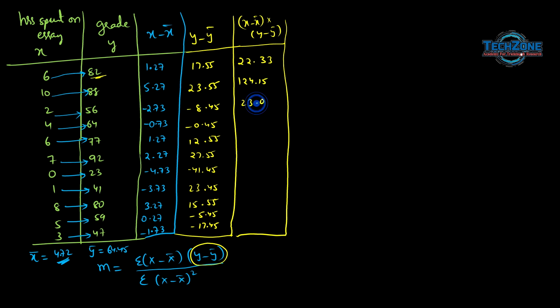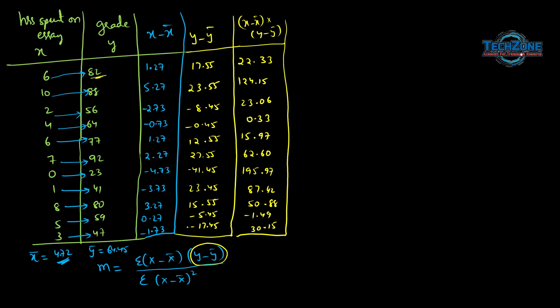Next is 23.06, 0.33, 15.97, 62.60, 195.97, 87.42, 50.88, minus 1.49, and 30.15.